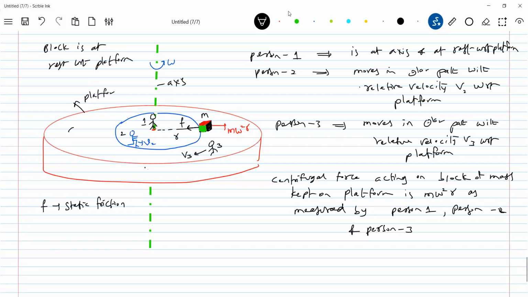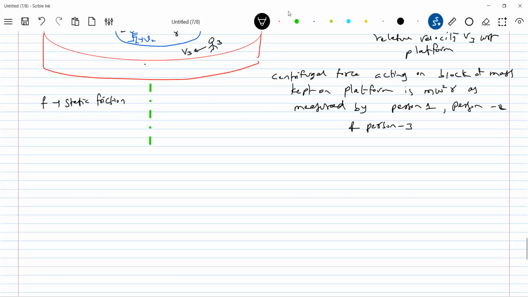Now he's having central acceleration also, then you bring in pseudo force. So centrifugal force and pseudo force are different here. You said pseudo force belongs to a non-inertial frame. Yes, and centrifugal force arises because of a rotating frame. A rotating frame is an example of a non-inertial frame, but there's a difference between centrifugal force and pseudo force.